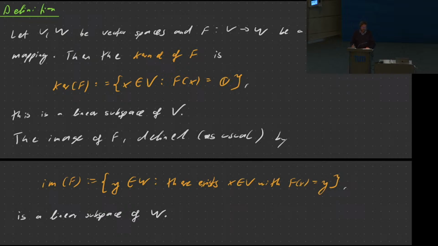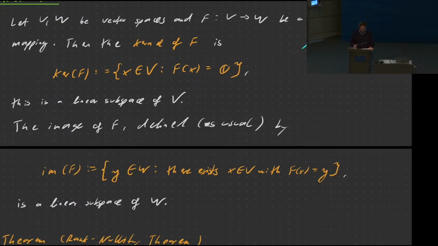So remember the kernel of a matrix, that used to be all solutions of this homogeneous system of linear equations. And similarly, the kernel of a linear function is all solutions of this equation, f of x equals 0. So all the roots of that function f. That's called the kernel. And as with matrices, that kernel is a linear subspace of the domain, in this case, V.